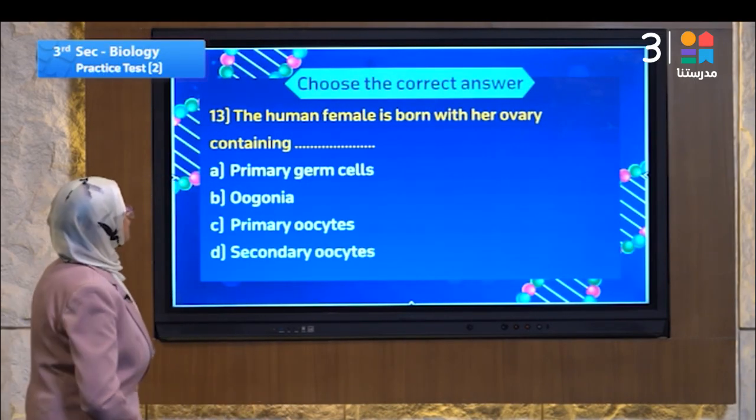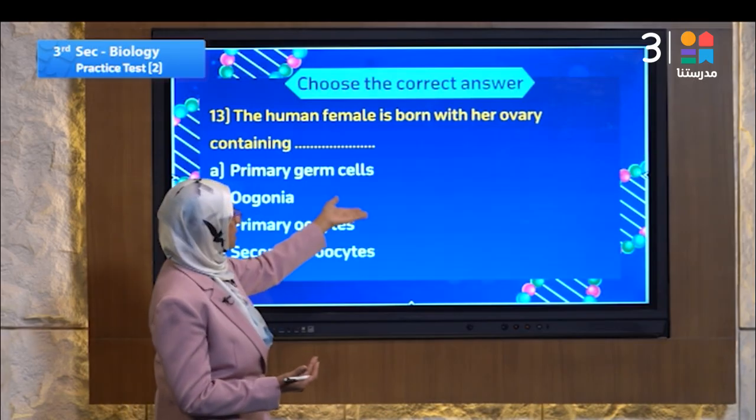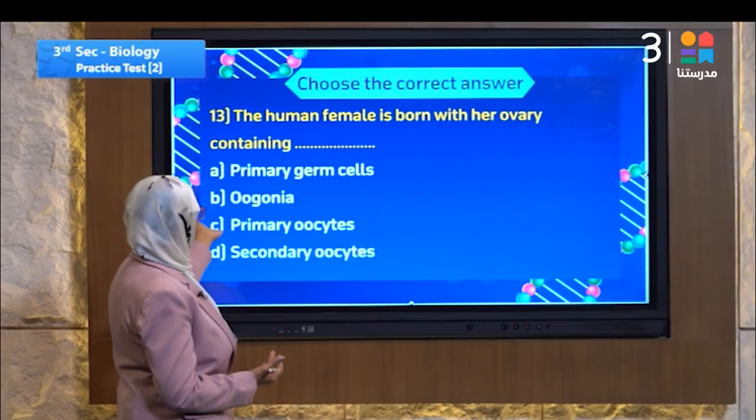Question 13, the human female. Human female means all females after birth. After birth, the ovary has which stage, containing what? Primary germ cells? No. Oogonia?